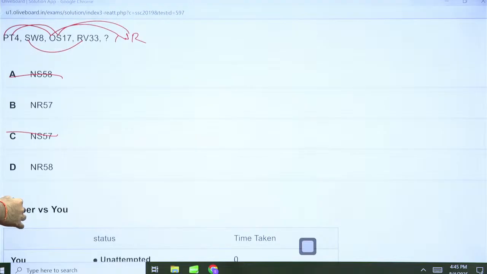And 4, 17, 8, 33, 8 into 4 plus 1, 4 into 4 plus 1. So can I say 17 into 4 plus 1? If I do it like this, into 2 plus 1, no, not like that. Plus 4 plus 9, it should have been 67, 69, it's wrong.